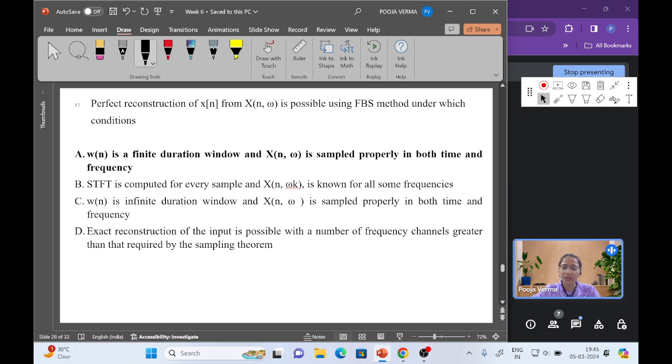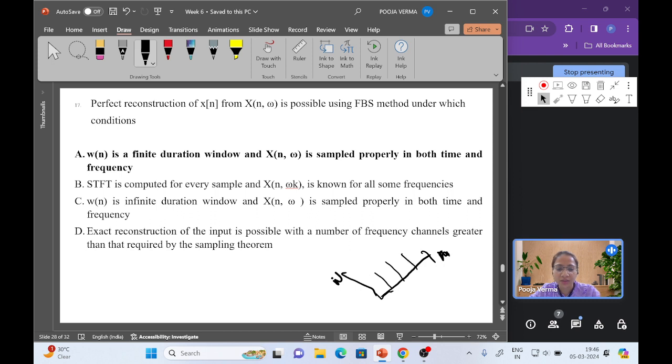So what is the correct answer? w of n, the window function, must be a finite duration signal. So first we need to see that w of n is a finite duration signal, and that x of n, omega must be sampled in both time and frequency.